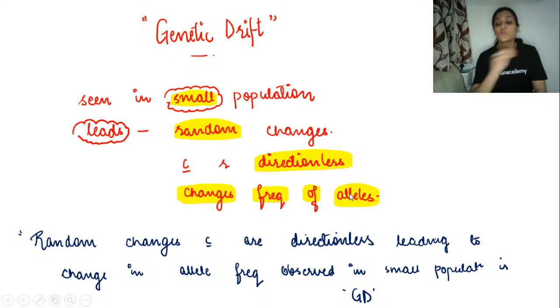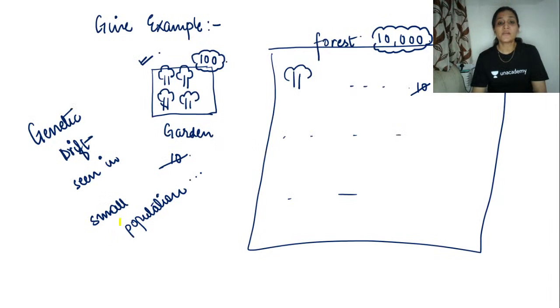After reading the whole chapter, we are understanding quite well how the change in the frequency of alleles is going to lead to genetic drift. Then we have seen how it is observed in a small population and cannot be observed in a larger population, because once we saw the example of a forest having 10,000 trees and a small garden of our house having 100 trees.